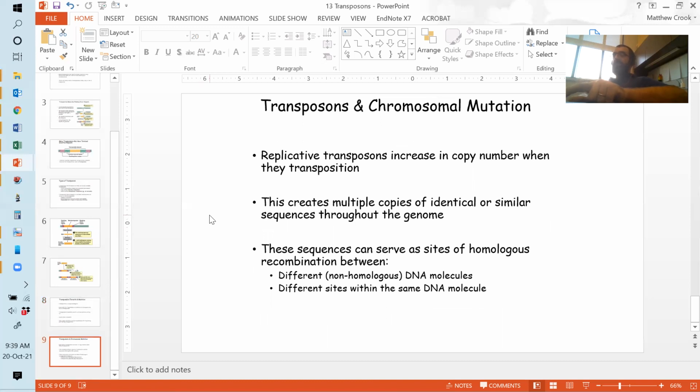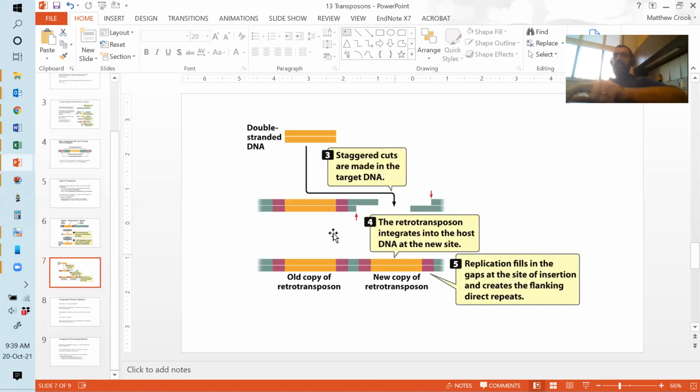Another interesting point is that unless random mutations accumulate, these copies are identical.